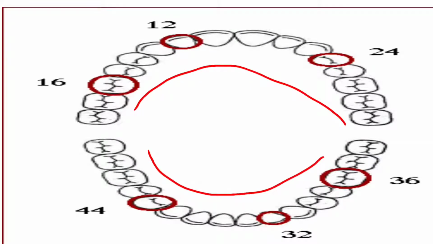Okay, there is no substitution for the teeth which are marked by red, that is 1-6, 1-2, 2-4, 3-6, 3-2 and 4-4. If any one of these are missing, there is no substitution.